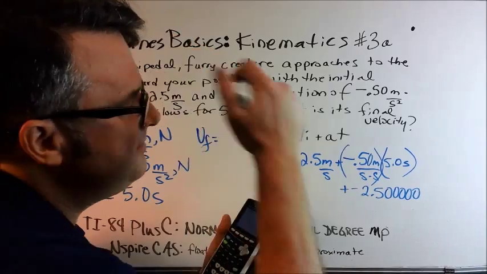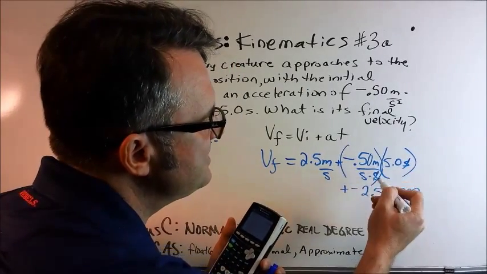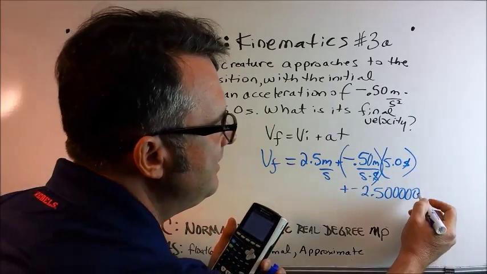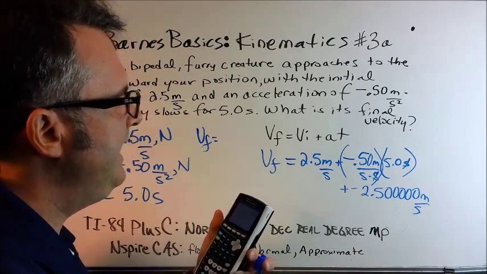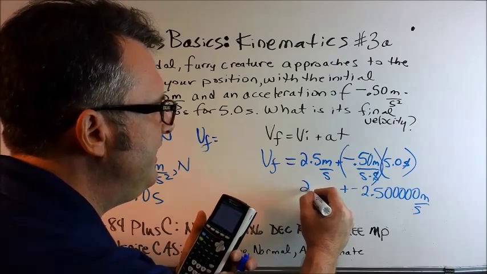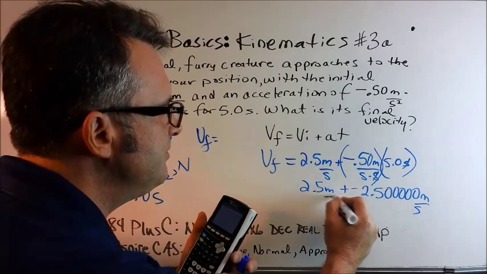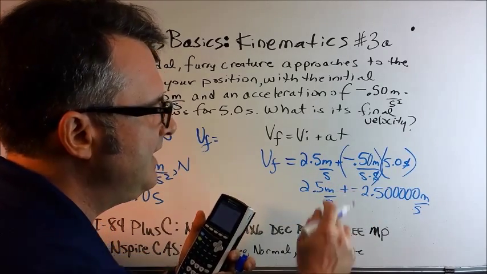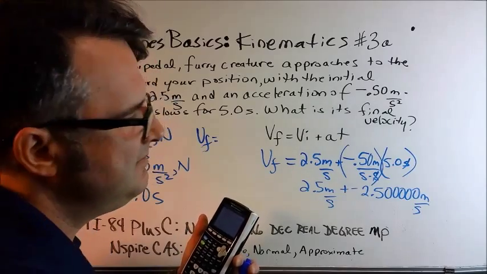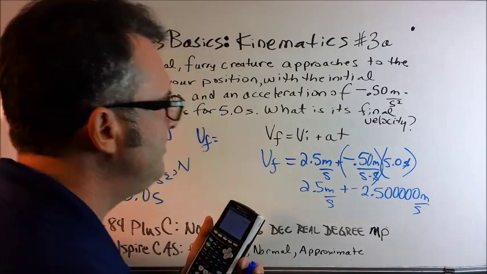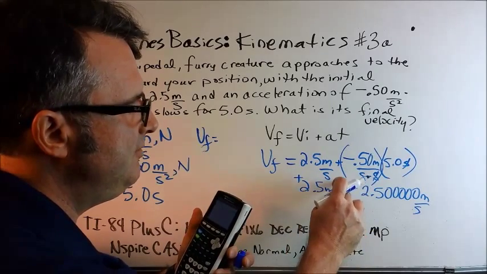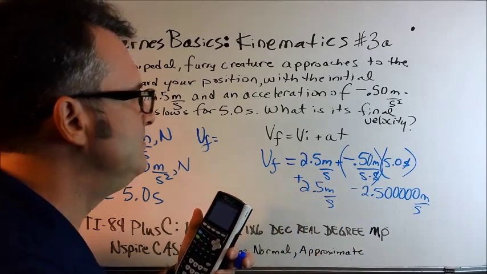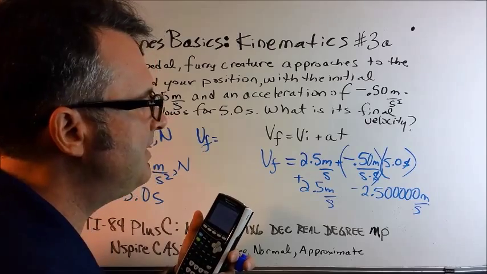Also notice that we have seconds over seconds. We have meters per second left over. So let's put meters per second here. And then we have a 2.5 meters per second, and we're going to add a negative 2.5 to that. What happens if you have a positive and you, in effect, subtract the same number?